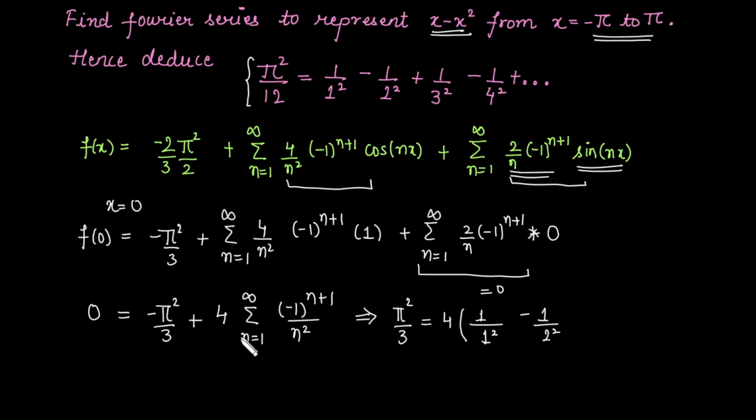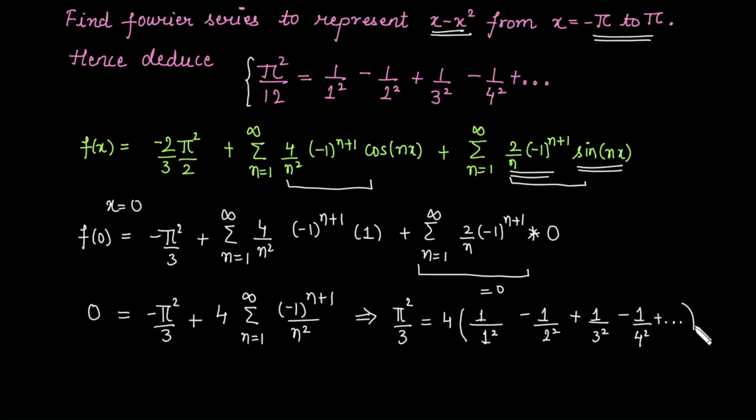Next term, when you take n equal to 3, minus 1 raised to power 3 plus 1, that is 4. Minus 1 raised to power 4 is 1, so it is a positive 1 divided by 3 square. Now what is the next term? If you observe, when we take odd n, we get a positive 1, and when n is even, we get a minus 1. So the next quantity is even, so minus 1 divided by 4 square.